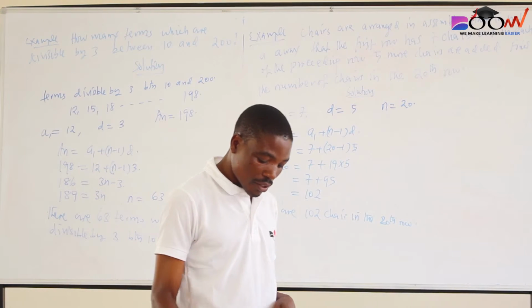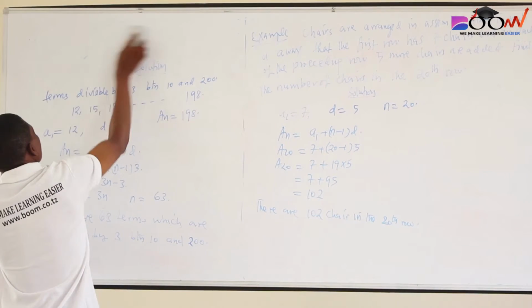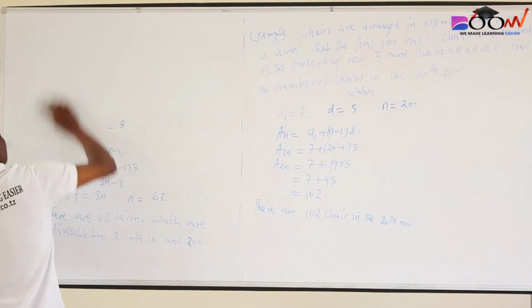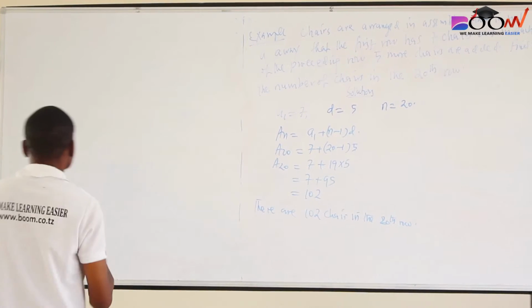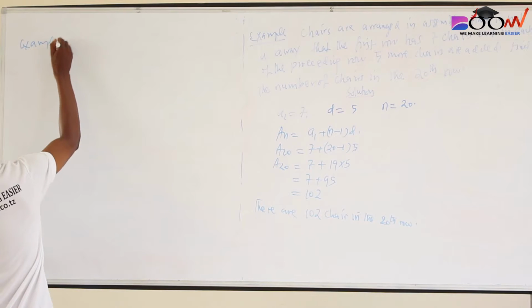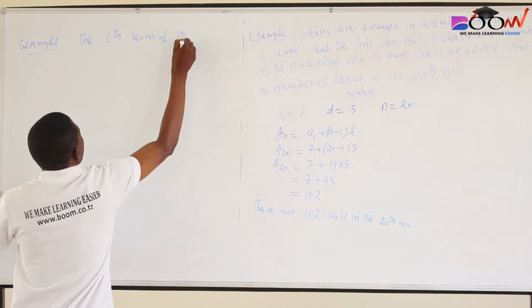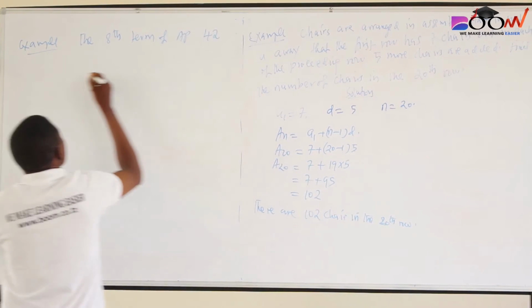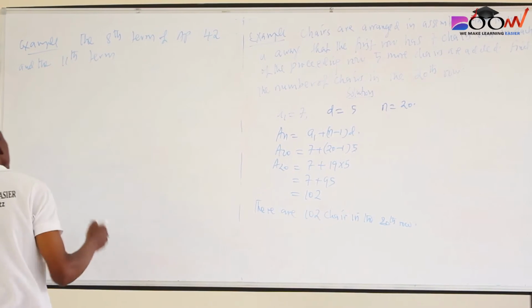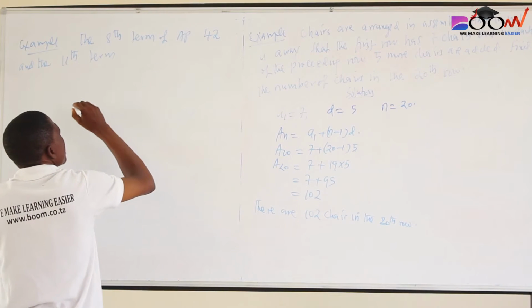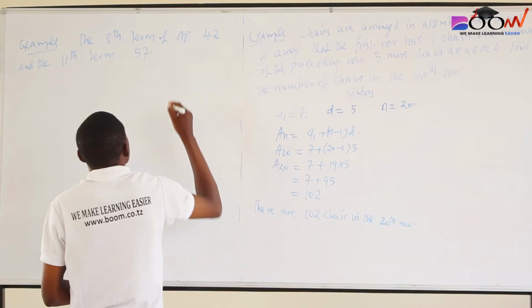Another example, let's say you're being given that the 18th term of an AP is 42, and the 11th term is 57.